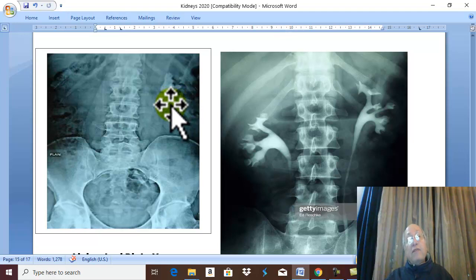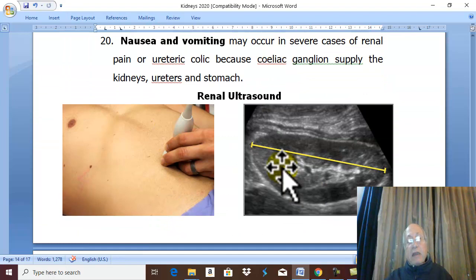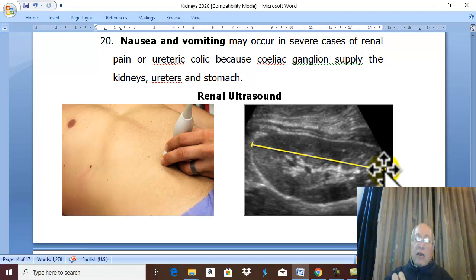Or we can visualize the urinary system and the kidney by abdominal ultrasound. And this is the structure of the kidney as we see: cortex, outer cortex, and the inner medulla, and in the center is the pelvic calyceal system. What is this line? Actually, ultrasound is associated with a computer system.